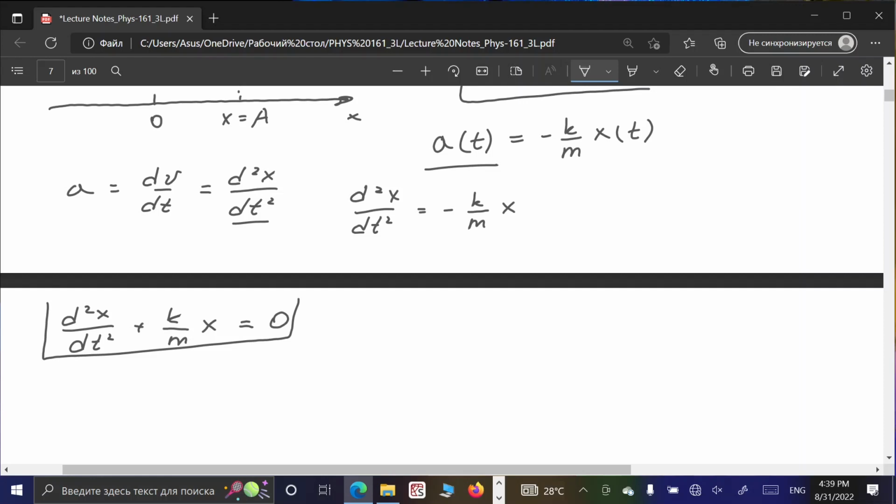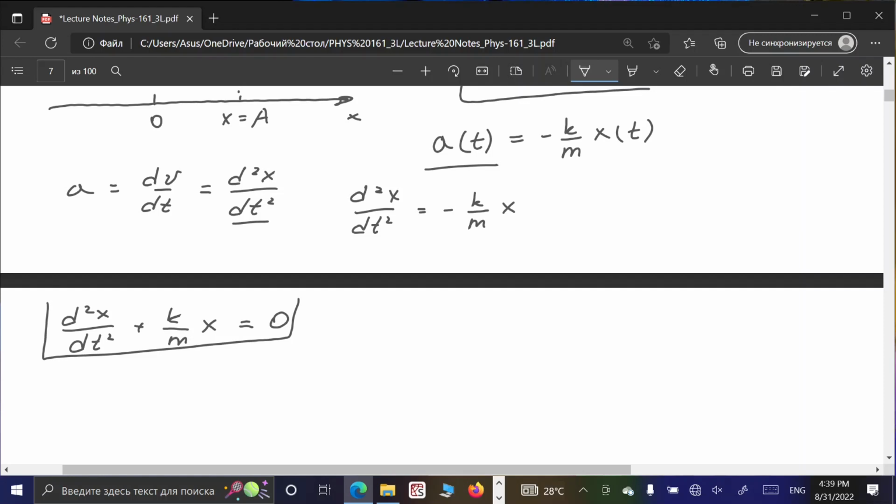So we have here information about this function x: the second derivative of function x, plus the unknown function x multiplied by some coefficient k divided by m, and that coefficient is defined by the properties of the spring and the mass of the block attached to this spring.